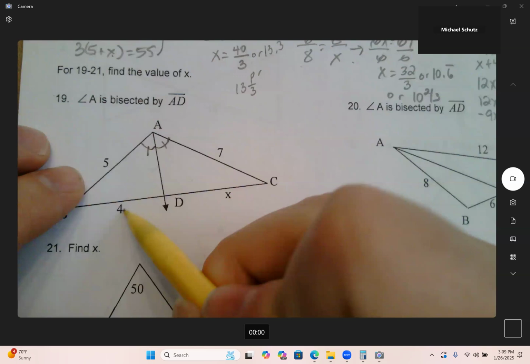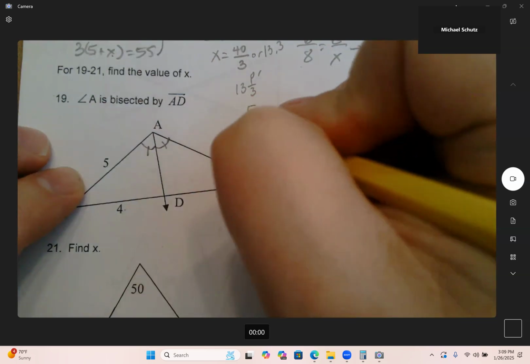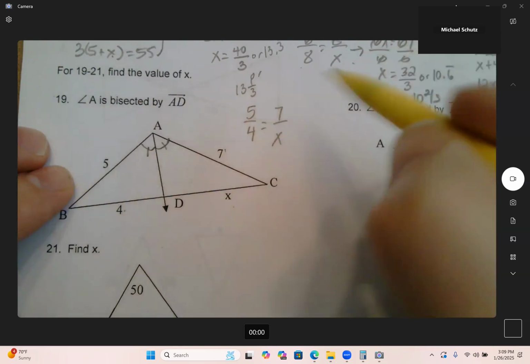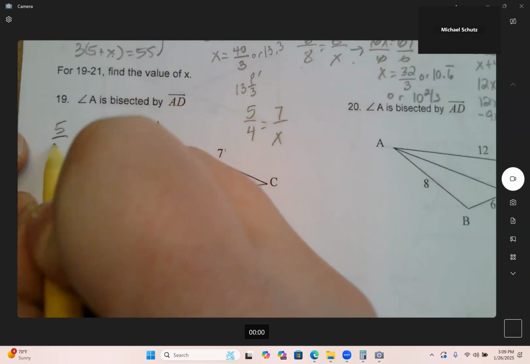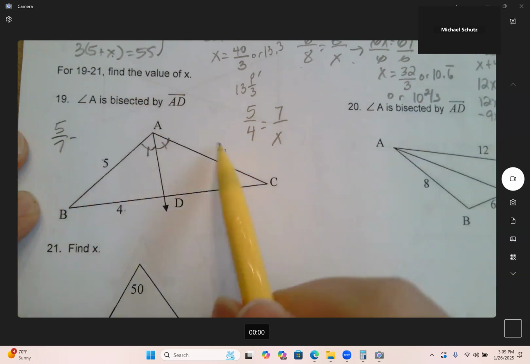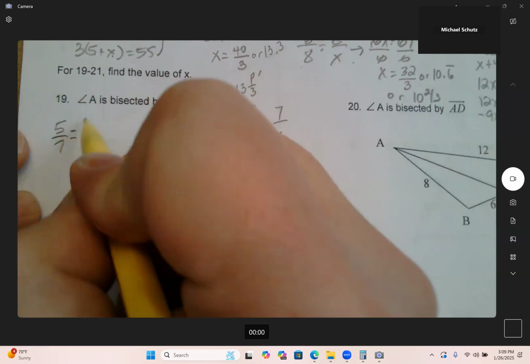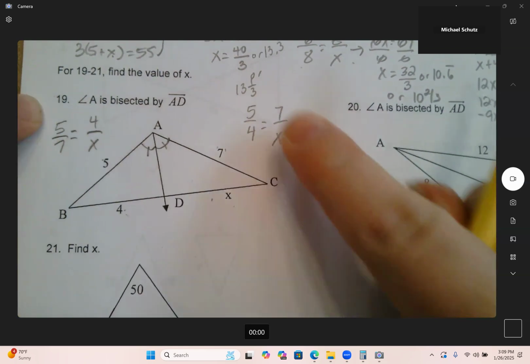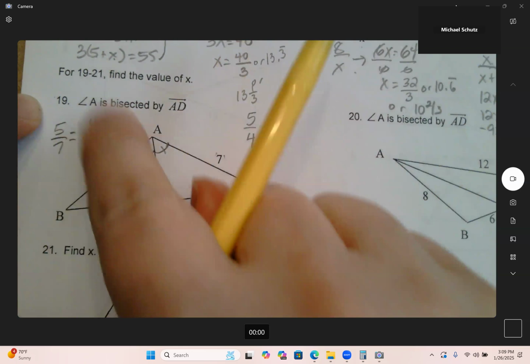So you could say 5 over 4 equals 7 over x. That's one way. You could also do this. You could do 5 over 7, sorry, left over right equals left over right as well. So either way, when you cross multiply, you get 5x equals 28.